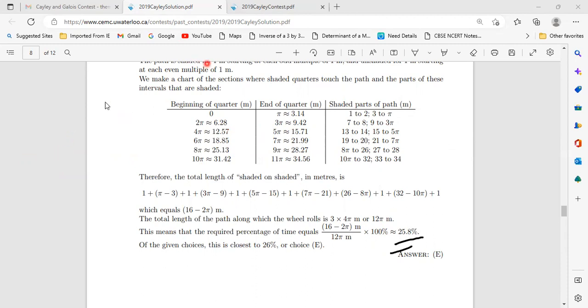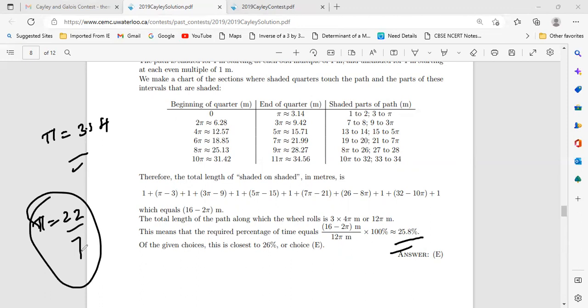You can check this by substituting the value of pi as 3.14. If the question gives 3.14, use that. Don't use 22 by 7 if they don't say so or didn't give it in the options, because sometimes they'll make that twist and also give you an answer using 22 by 7 in another option. So be careful whether the question mentions 3.14 or 22 by 7.